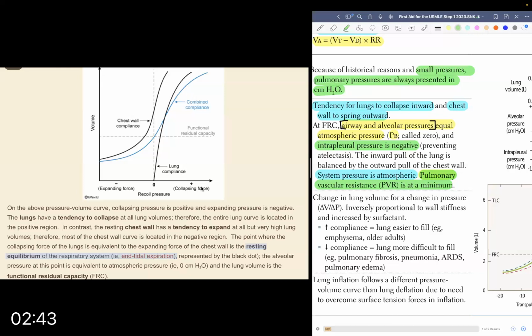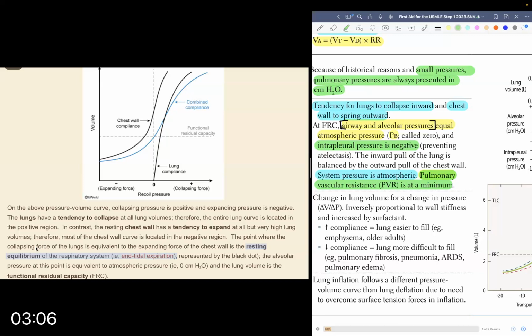In contrast, the resting chest wall has a tendency to expand at all but very high lung volumes. So most of the time it has a tendency to expand. Therefore, most of the chest wall curve is located in the negative region. Negative meaning it has very little force. It's a small number, versus positive is collapsing because it's a higher number.